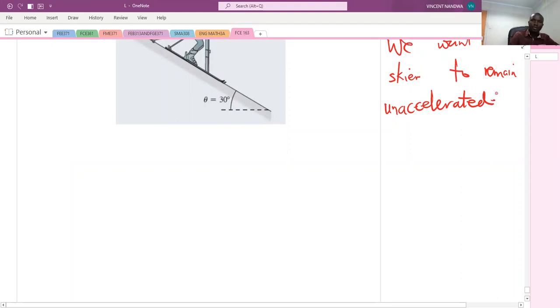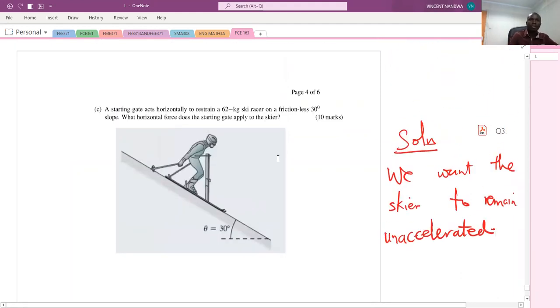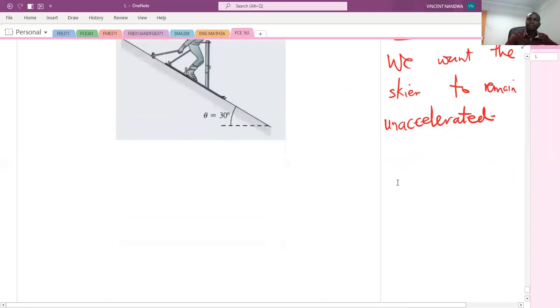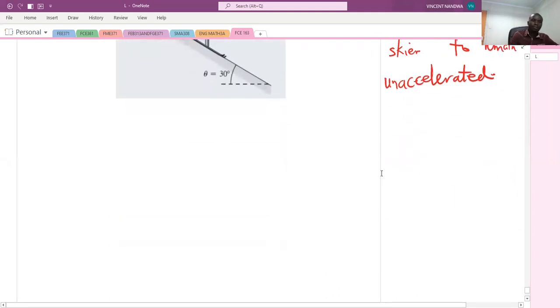So that's the objective, because we have a starting gate acts horizontal to restrain. So that's why we have this term restrain, so that we expect this person not to move from the point where he's attached.